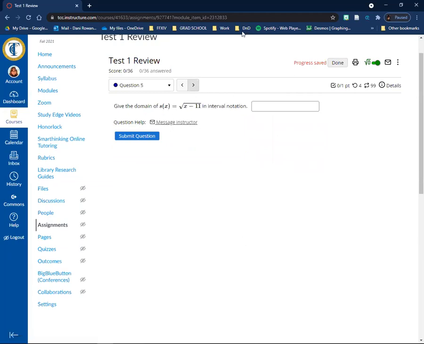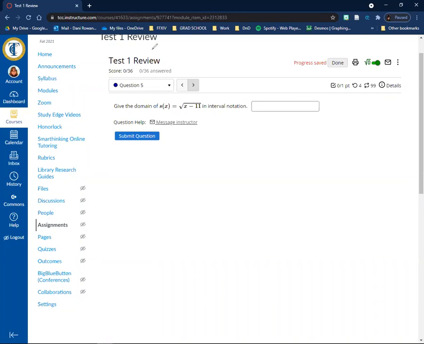I mentioned that we had more domain questions, right? So here's one of them. And they want the domain in interval notation. What's important to remember about radicals, or in this case, square roots? You can't have a negative underneath the radical. Absolutely.